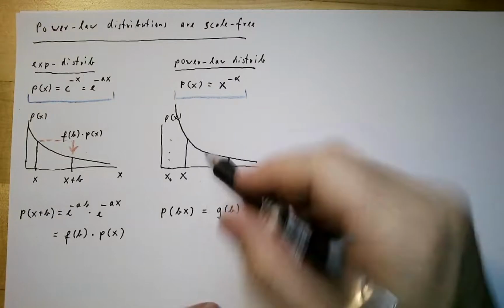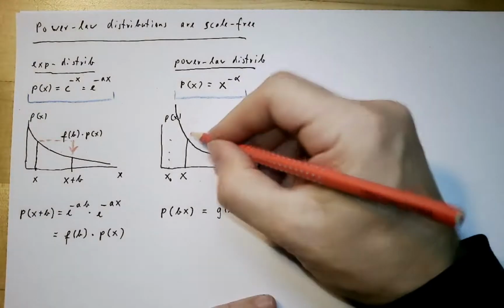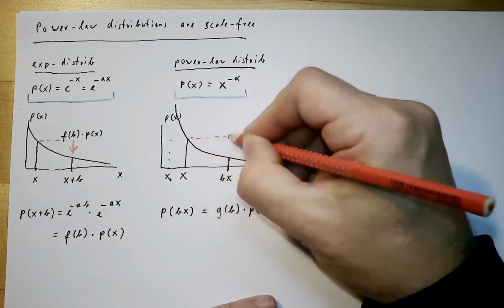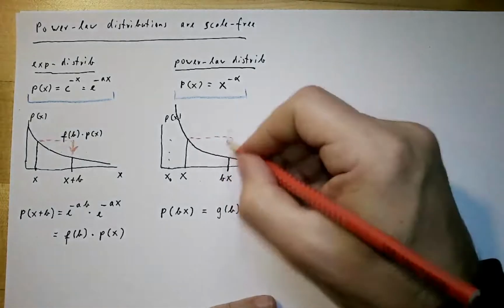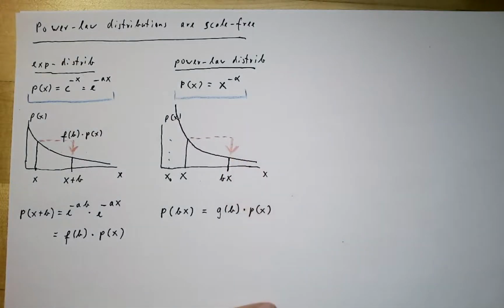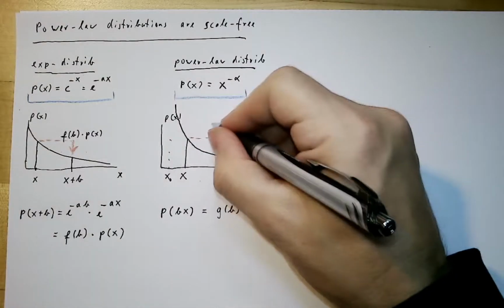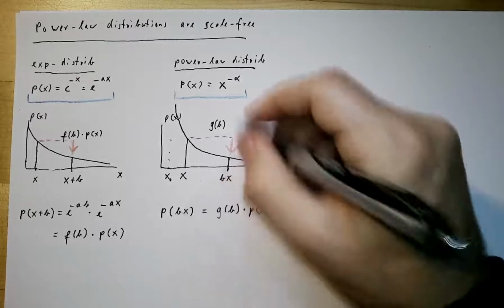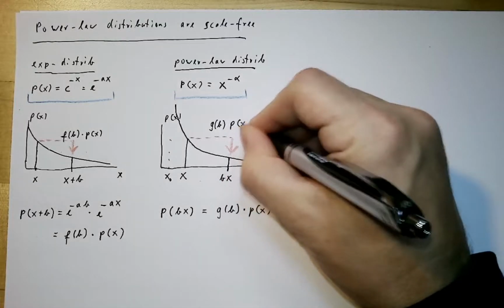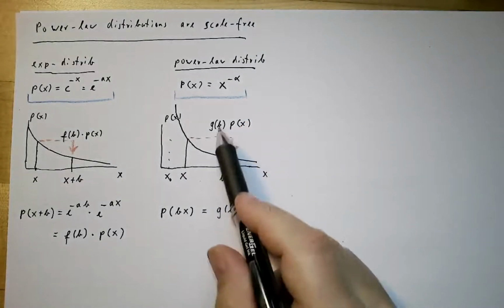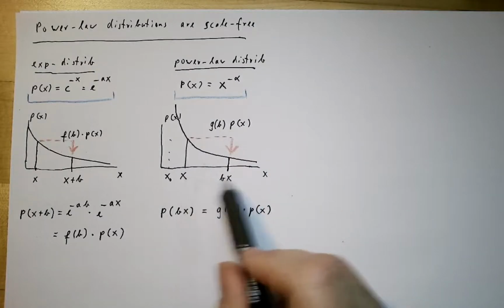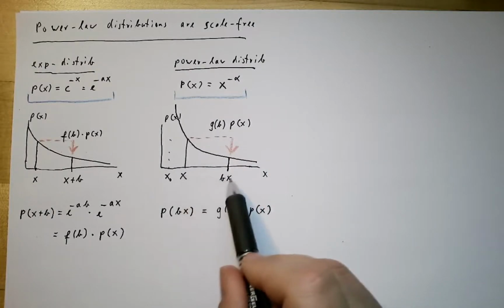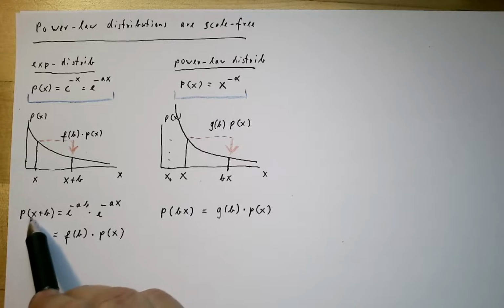So we get a similar reduction, and this reduction is just a function of our parameter times p of x. But in this case here, it's a scaling parameter. This x has to be multiplied by something, and in the exponential, we have to add something to x.